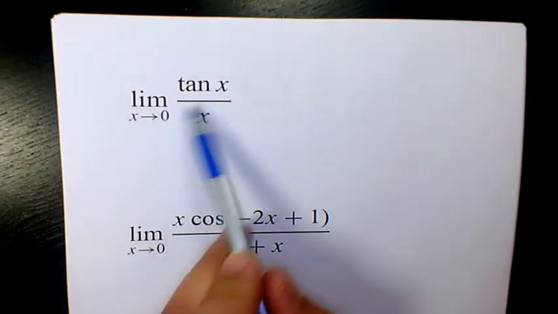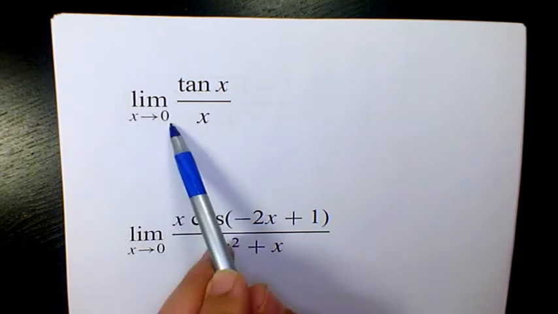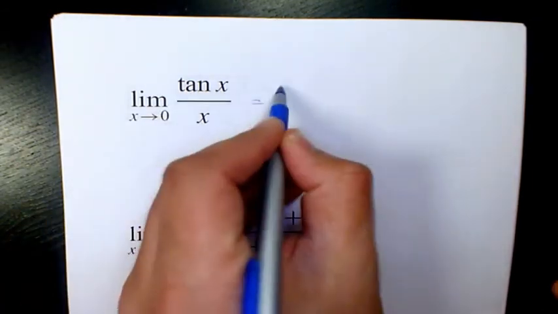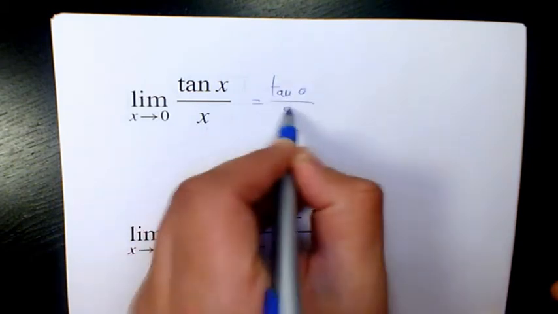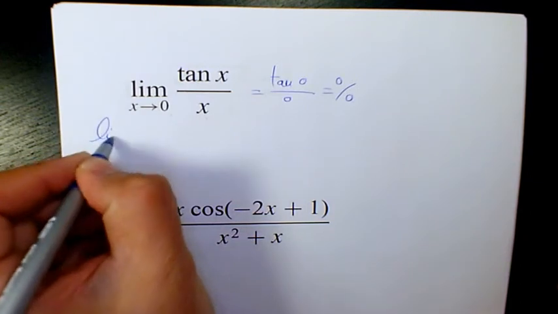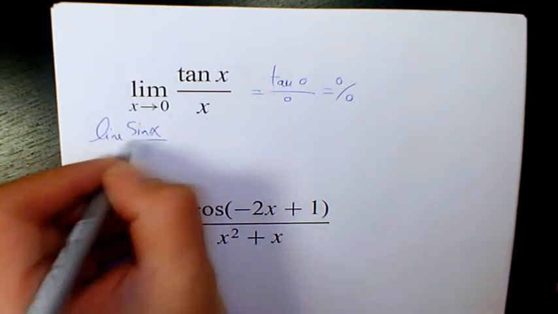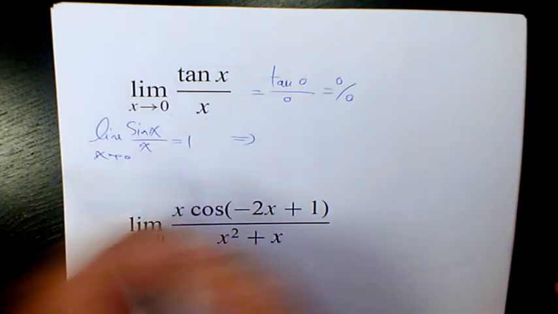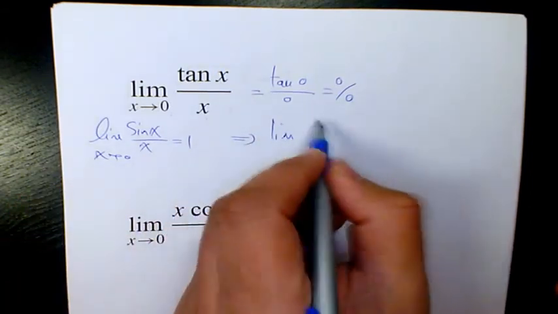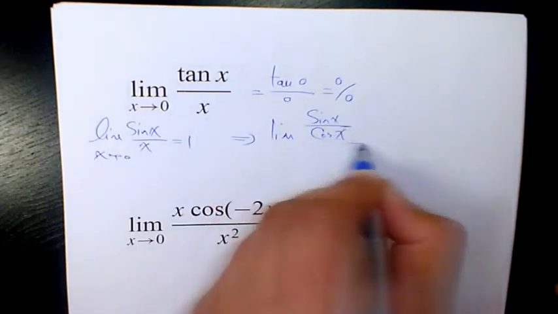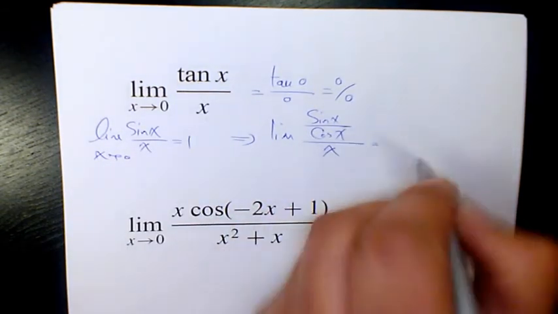Next one, limit of tan x over x when x approaches 0. Tan 0 divided by 0 is going to be 0 over 0. We know the limit of sine x over x when x approaches 0 is 1. So we can say limit of, instead of tan, I'm going to write sine over cosine, over x.